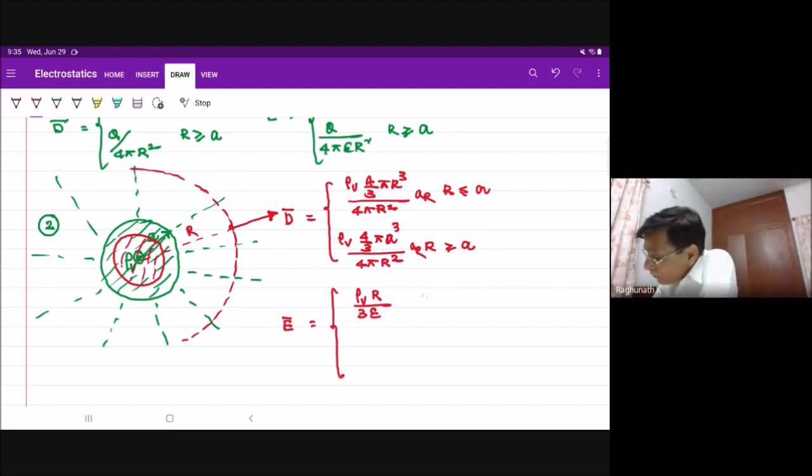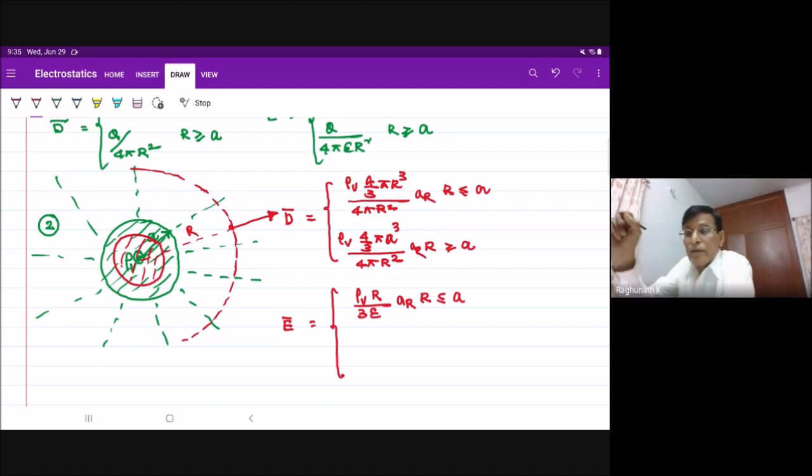For r less than or equal to a, radial. Means what? From the center, it increases from 0 linearly, to which value? Rho v a by 3 epsilon at a, because this formula is valid for r less than or equal to a also. It's a continuously varying field. There is no sudden change in the field.